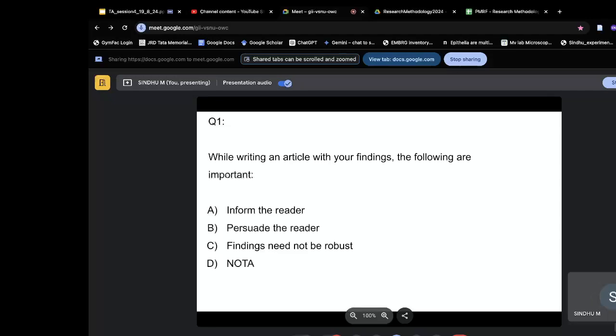Okay, so I hope you all can see the first question. You can try to read and understand and type the answers in the chat box. And these are more than one correct questions.